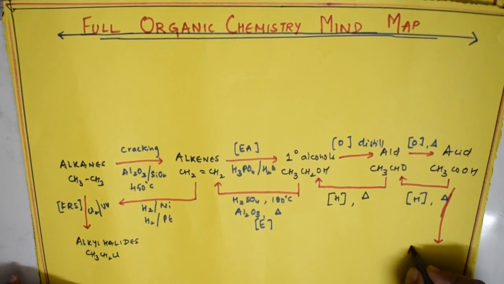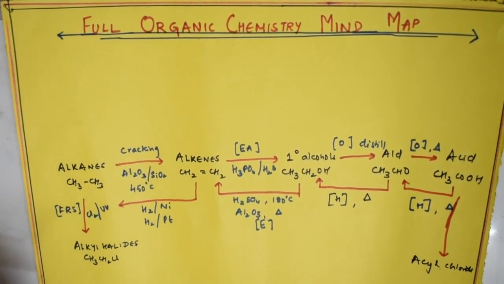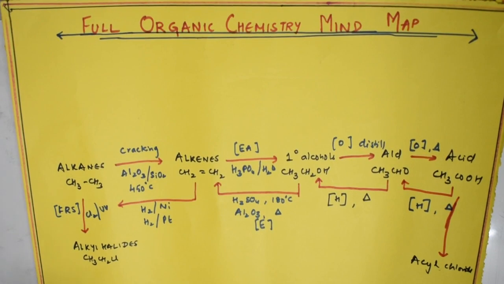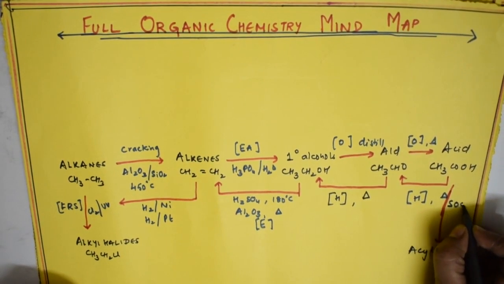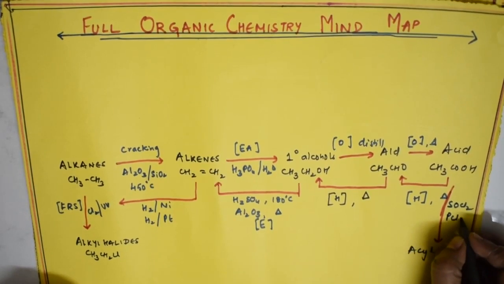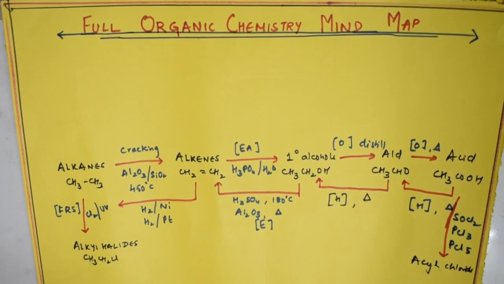How can I convert to acid chloride or acyl chloride? I can use 3 important things: thionyl chloride is 1, or you can use PCl3, or you can use PCl5. All the 3 you can use to convert.